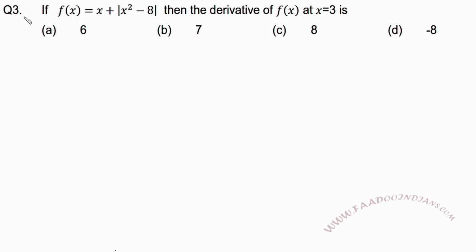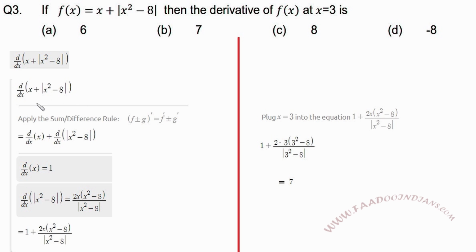Question 3rd. If f of x is x plus modulus of x square minus 8, then the derivative of f(x) at x equal to 3 is. So this is the required function. We'll split it by using the sum and difference rule. For the x, the differentiation is 1.